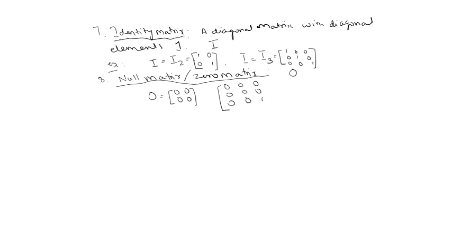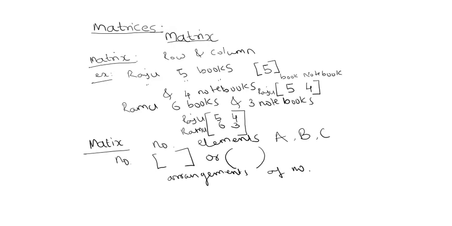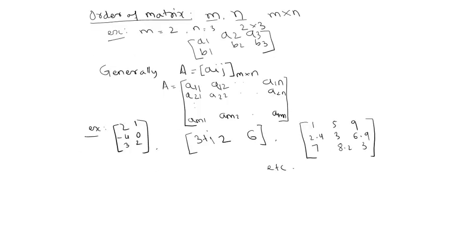Now let us revise what we have seen. A matrix is an arrangement of numbers in the form of rows and columns. The number of rows and columns is generally called the order.